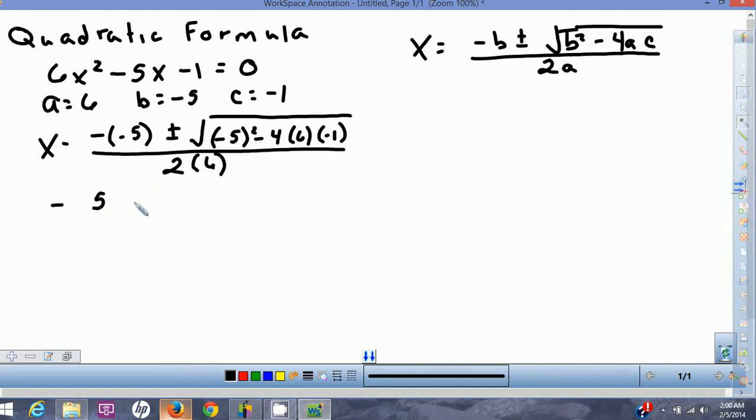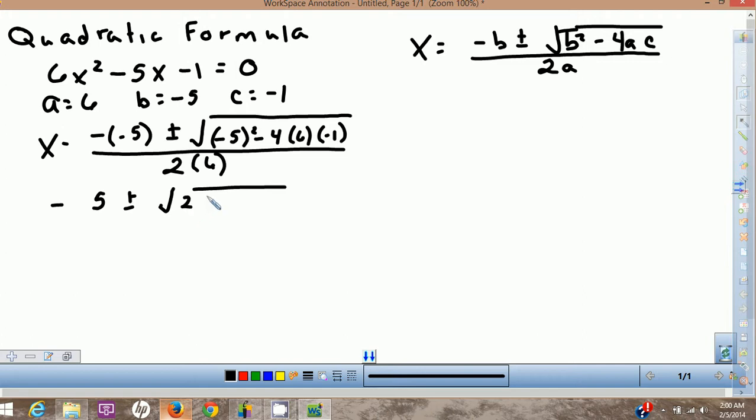Then we begin the process of simplifying, and we get 5 plus or minus the square root of negative 5 squared is 25, and if we multiply our negative 4 times 6 times negative 1, we get plus 24 over the quantity 12, 2 times 6. You can do this in as many or as few steps as you want, and you can type it into your calculator in order to solve it if you want to. Just be very careful.